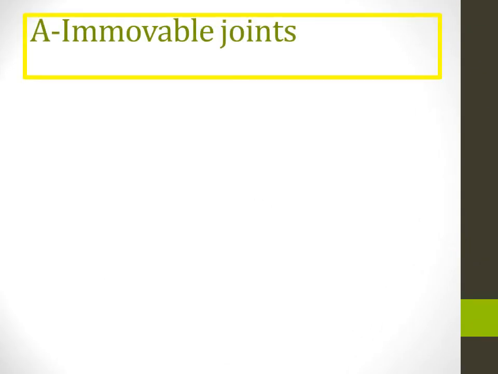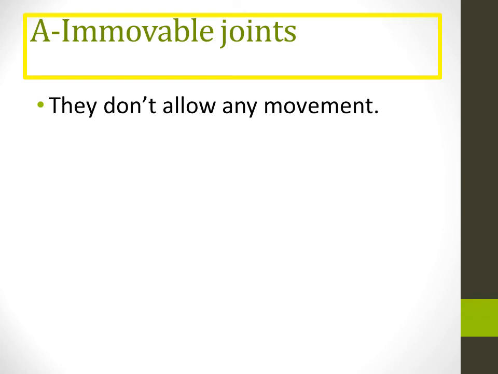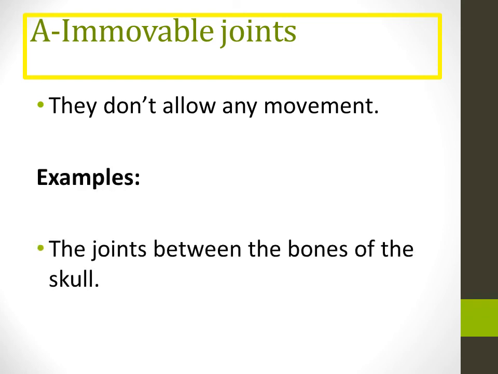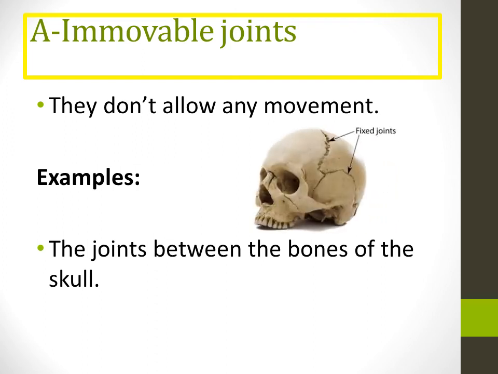First, immovable joints. They don't allow any movement. Example: the joints between the bones of the skull.